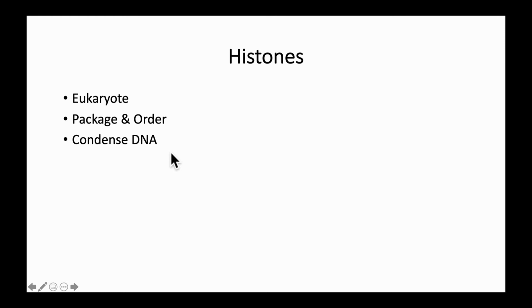So again, histones are the first unit that helps condense that genetic information. Remember, these are basic proteins that we find associated with DNA and help the DNA to condense into chromatin.